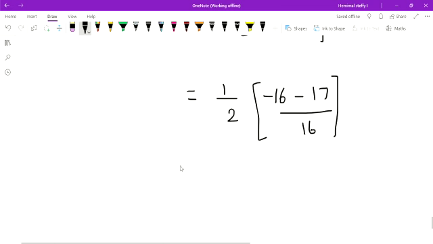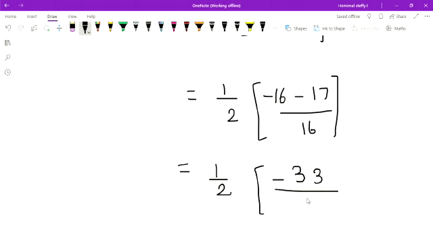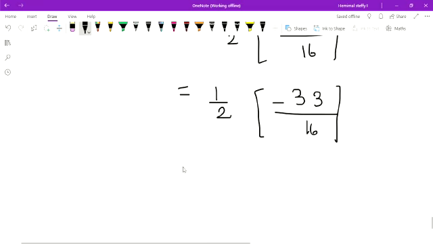Then I get 1 by 2 into -33 divided by 16. What is the final answer? Minus 33 divided by 32.